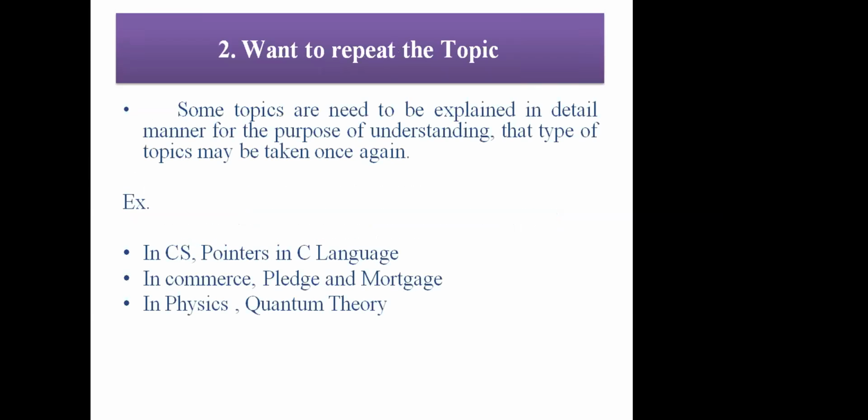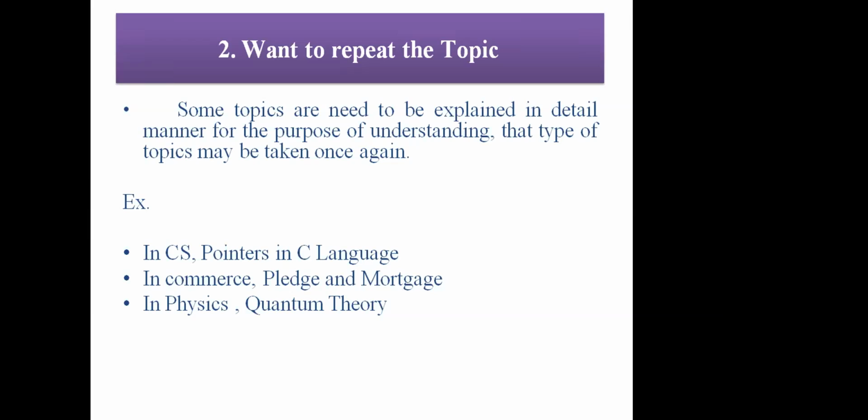Then come to the second type of question. Here, students want to repeat the topic. That means some topics need to be explained in a detailed manner for the purpose of understanding. That type of topic may be taken once again. For example, in computer science, a pointer is a tough one, so students want to repeat the topic. In commerce, what's the difference between pledge and mortgage?